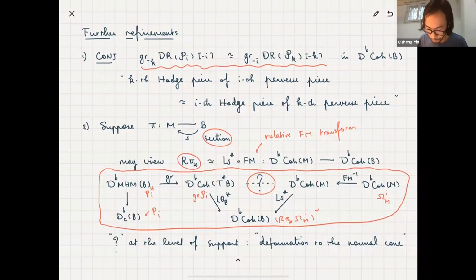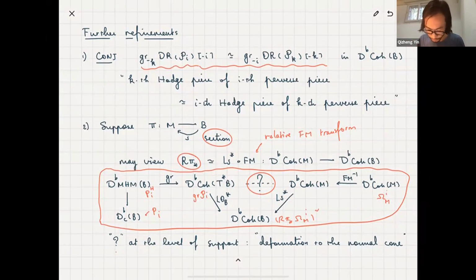So you start with the Fourier-Mukai transform of your omega_i, take the support of your sheaf, and then do the deformation to the normal cone, and you should arrive at the right characteristic variety of your P_i. This is what we believe should be true.